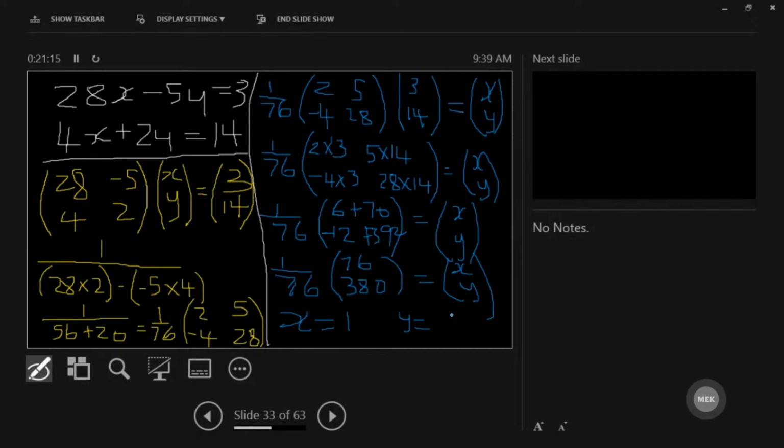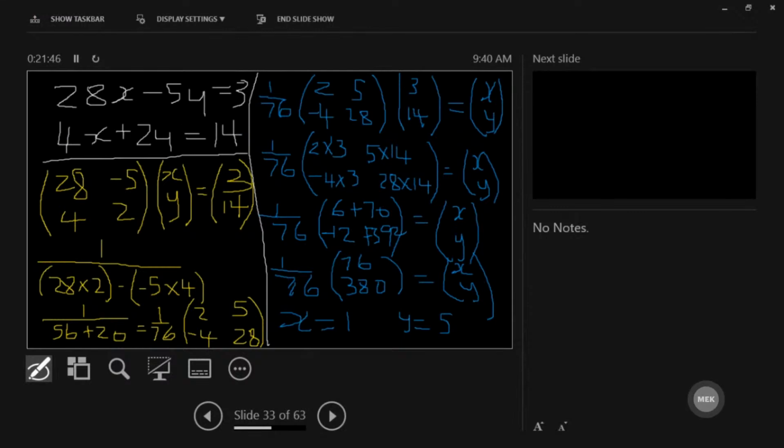So x is 1 and y is 5. And if we plug those values back into our original equations, 28 times 1 is 28, -5 times 5 is -25. So 28 minus 25, that's 3. 4 times 1 is 4, 2 times 5 is 10, 4 plus 10 is 14. All right, so that tells us that our answer is correct.